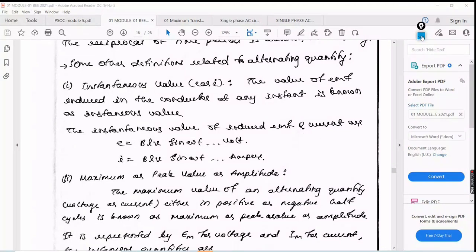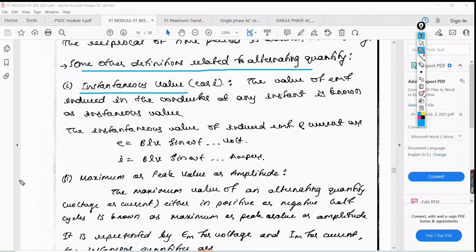Then some other definitions related to the alternating quantity, that is the AC component. One is instantaneous value. What is the meaning of instantaneous value? Whichever quantity changes its magnitude as well as the direction with respect to the time is called an AC component.